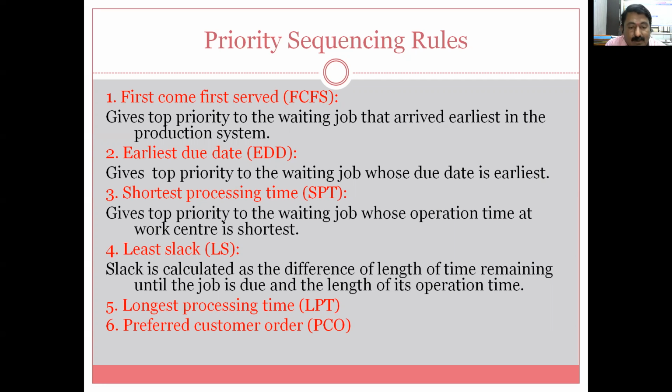Then longest processing time. Shortest was the third one, so the fifth one is the longest processing time. What is this longest? The name only indicates that the processing time is more. The priority is given to such a job. If one job is of 9 minutes and one is of 10 hours, priority is given to the 10-hour job, and the cycle repeats after again only 5 days.